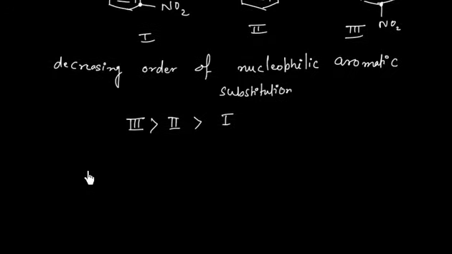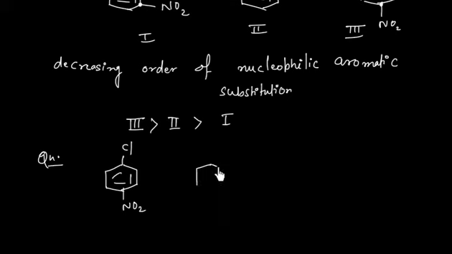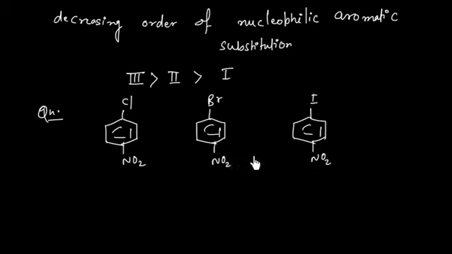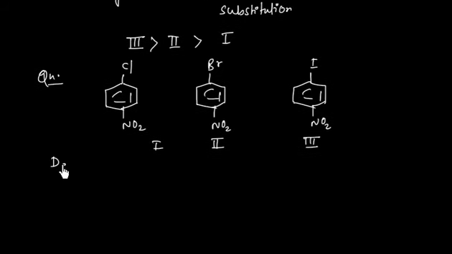A question can also be asked: one time let us say we have chlorine with an NO2 group attached, one time we have bromine, another time we have iodine, and once again we have to arrange these compounds in decreasing order of reactivity.